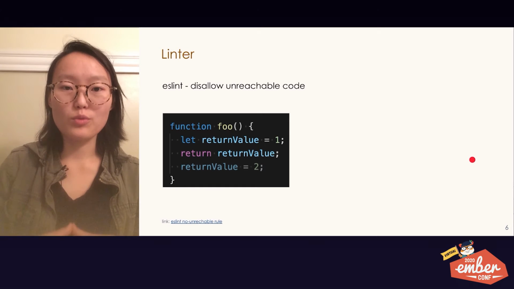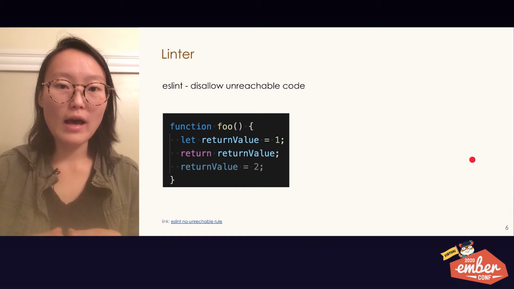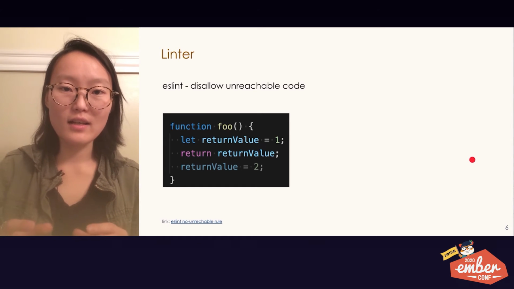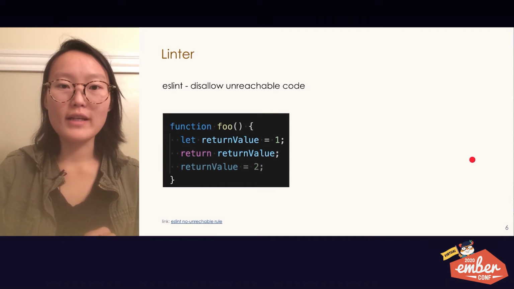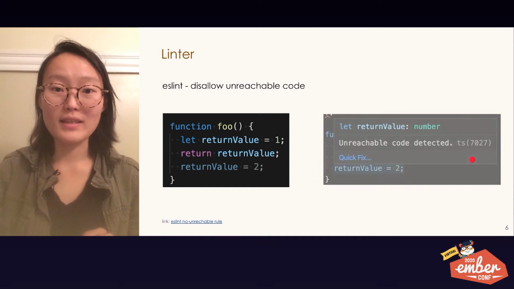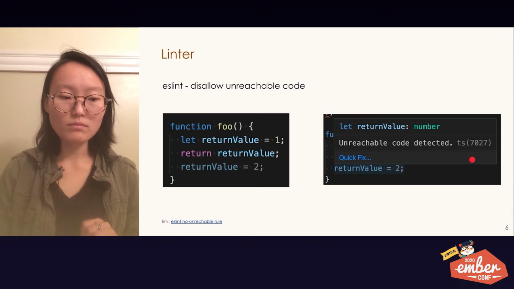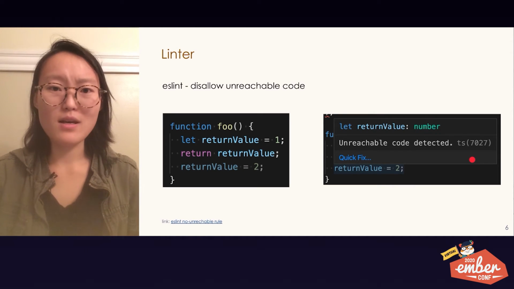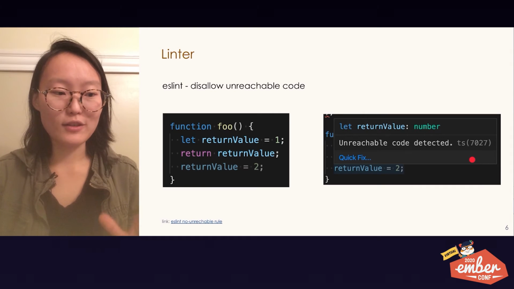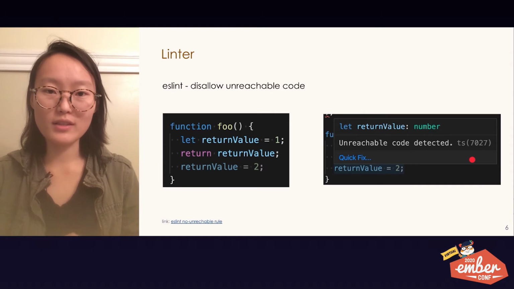For this rule, if you have a line that's written after the return statement, like assigning a value, the code editor will barf at you for making this mistake. This seems like a simple problem to solve. You just check what comes after return, and that's it.